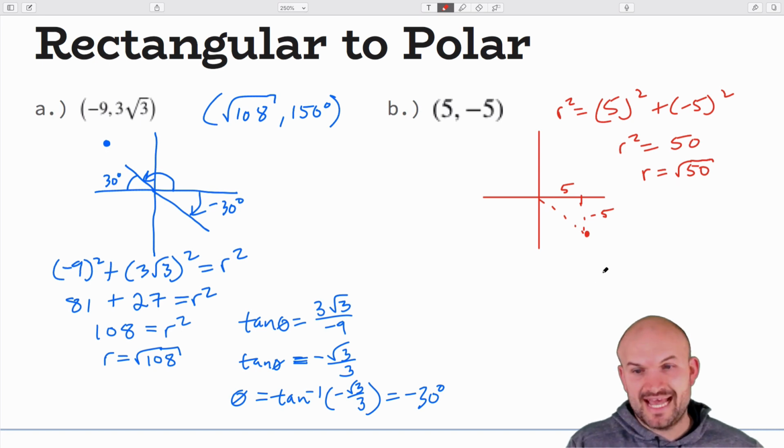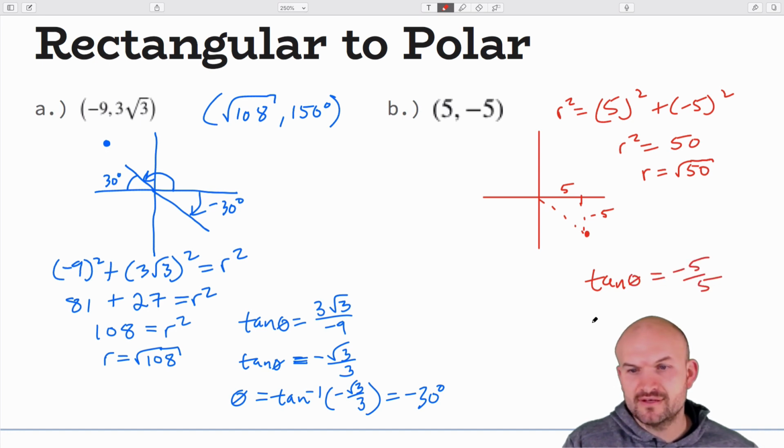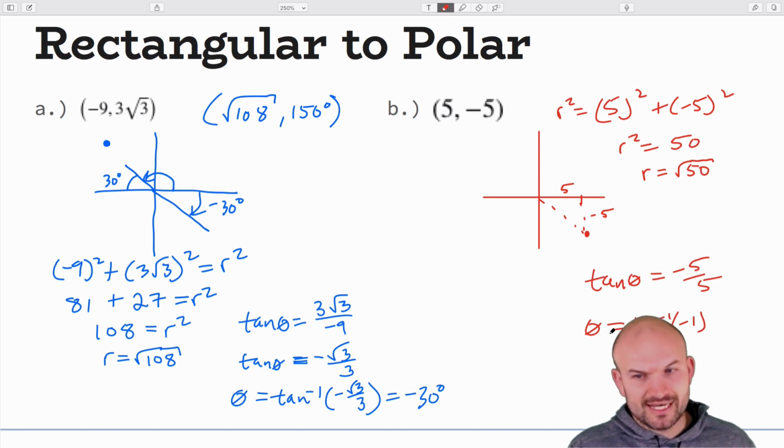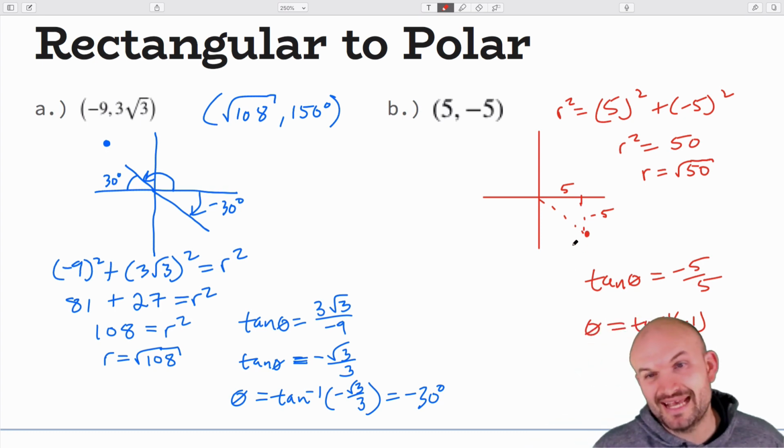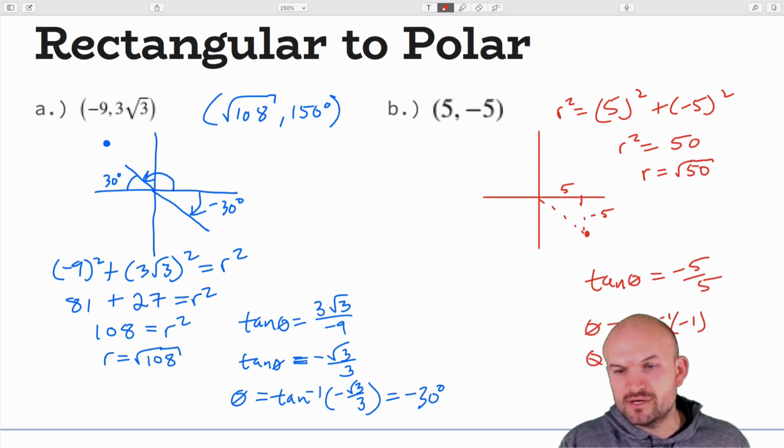Now we need to figure out the angle. So we'll have tangent of theta is going to equal negative 5 over 5. So negative 5 over 5 is just negative 1. So that'd be a tangent inverse of negative 1. And hopefully you recognize that negative 1, that's going to be negative 45 degrees. Or if you were to plug in your calculator, that would give you negative 45 degrees.